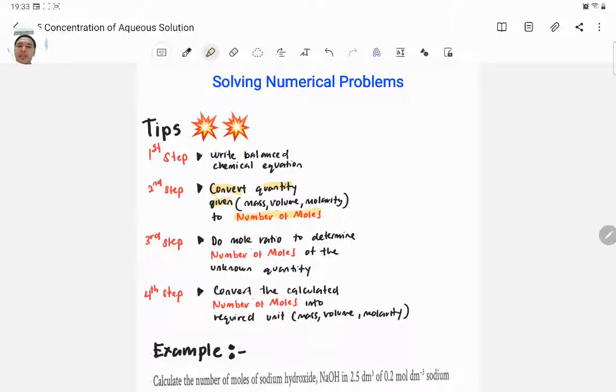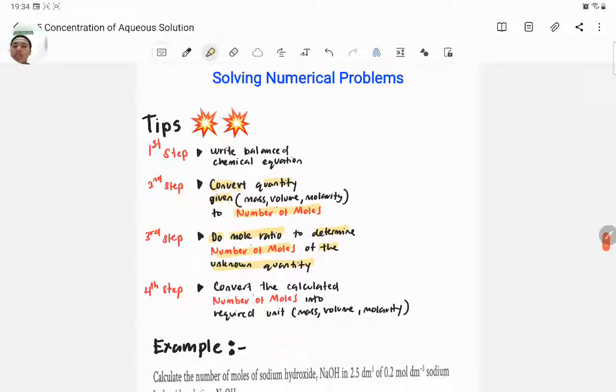So if we have a quantity given, please convert it to number of mole. And then we proceed to the third step, which is do mole ratio to determine number of mole of the unknown quantity, meaning the quantity that the question wants from us.